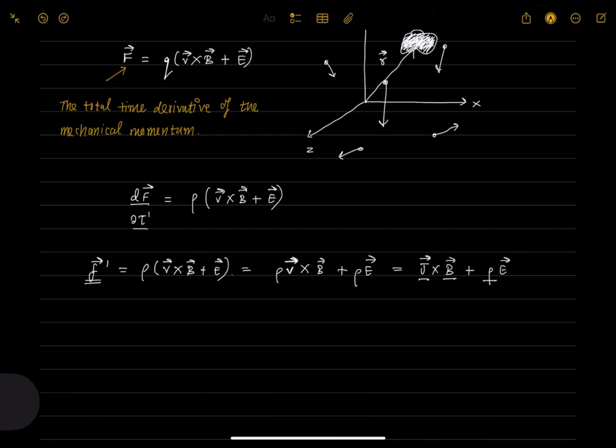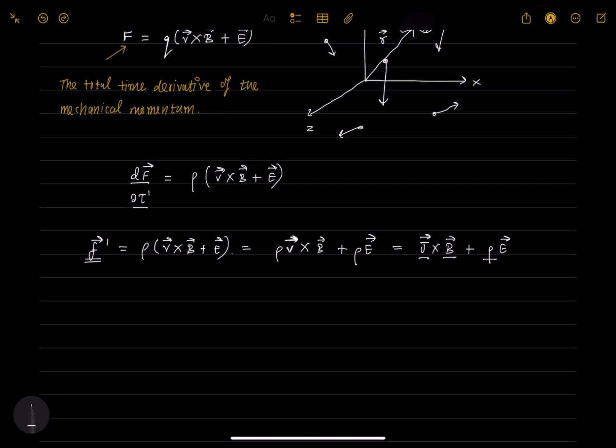So we're going to write the relevant Maxwell's laws, right? Let's write what they are. Okay, so we're going to use two Maxwell's laws. Let's see what they are. The first one is for J, for which we're going to use the corrected Ampere's law.